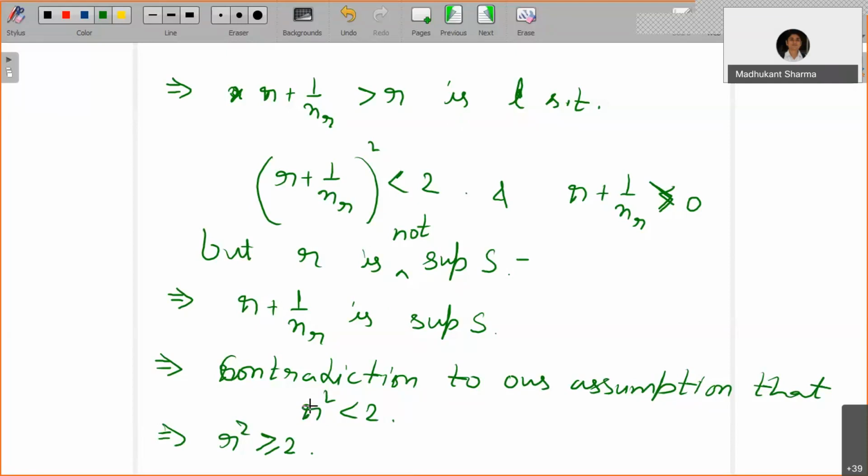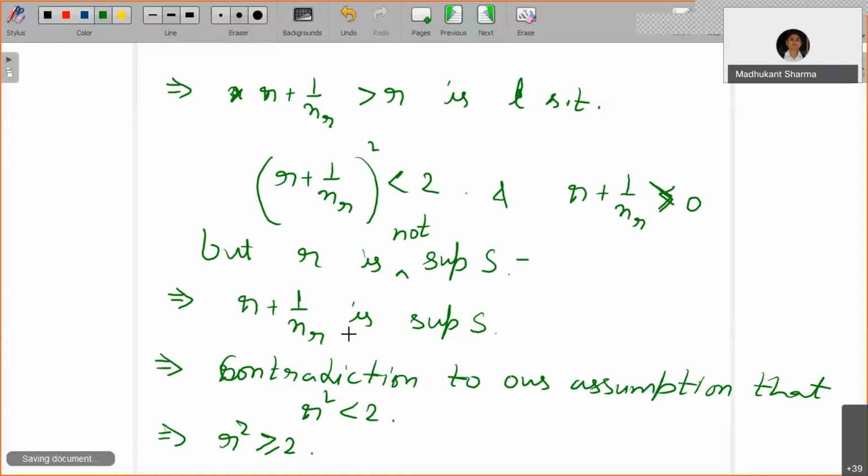Is it an upper bound or not? No, it's not, because you have identified another element of S sitting to the right of it.